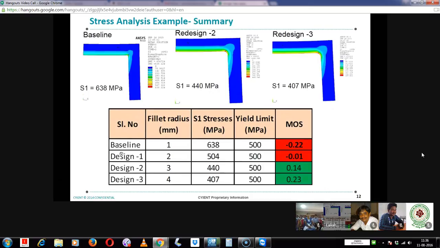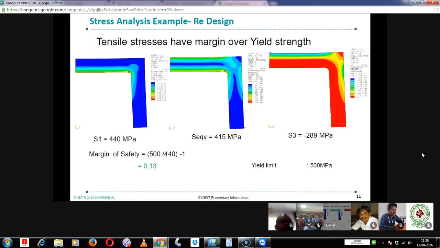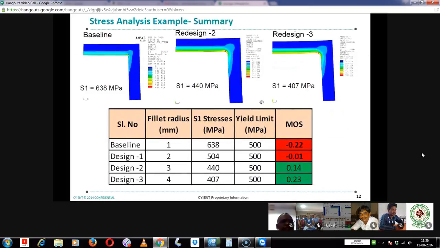So to summarize this study: baseline we are having 638, redesign 440. One more study we carried out, redesign 3 with increased fillet radius 4. So redesign 2 we are at 440 and redesign 3 we are at 407.